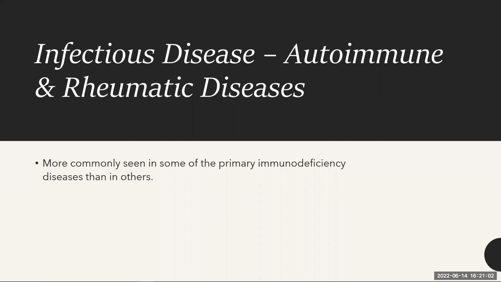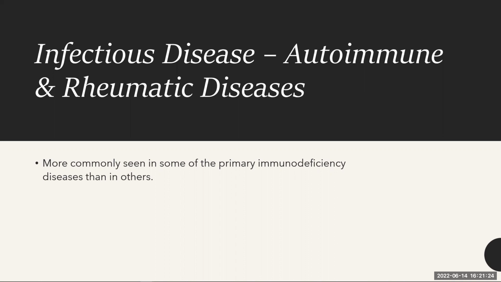So let's talk a little bit about these other things which could affect it. So we mentioned some areas where you could have infections presenting themselves. Let's talk about some rheumatic diseases. So the autoimmune and rheumatic diseases, they're more commonly seen in some of the primary immunodeficiency diseases.